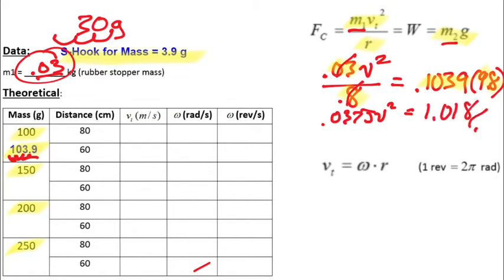We'll divide by the 0.0375 to get rid of that. That puts my velocity squared at 27.2. And then we square root that value. The tangential speed of that stopper as it flies around is going to be 5.21 meters per second.